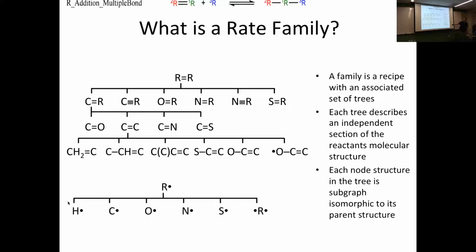If we pick this one, we can get more and more specific. So we have this recipe associated with the trees, and each tree describes an independent section of the original recipe. We also keep this subgraph isomorphic, so each node here should match the node above it.